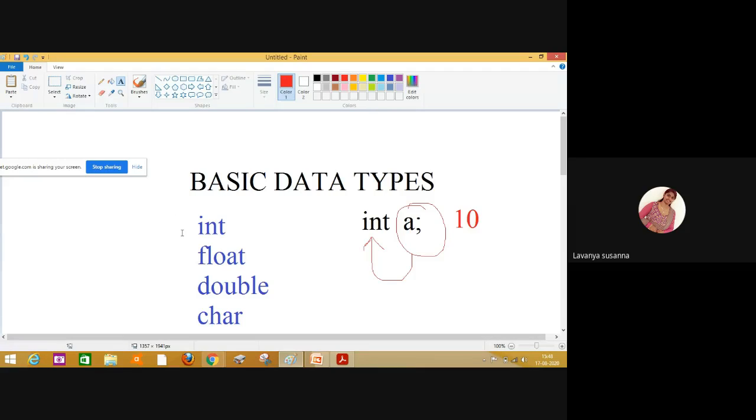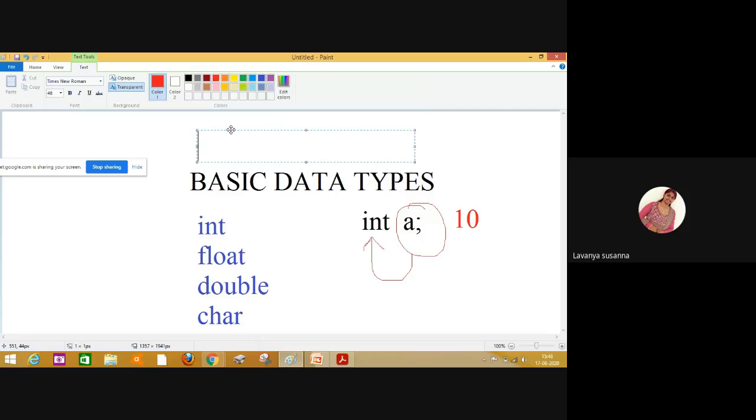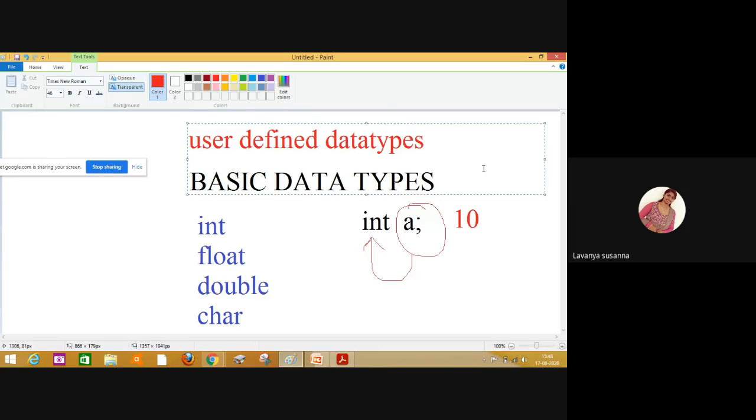Now there are user-defined data types. These are all basic data types, already predefined. There are other data types called user-defined data types.